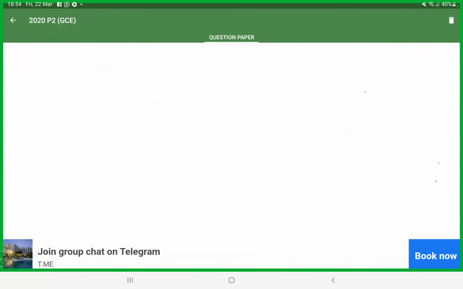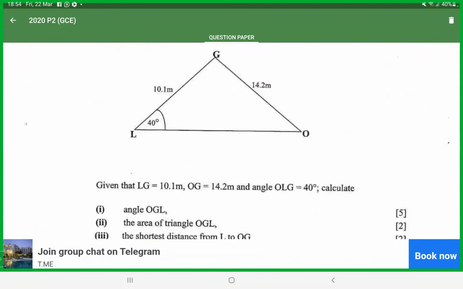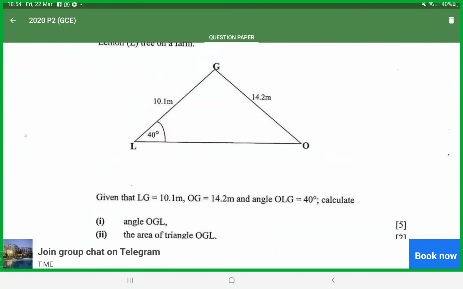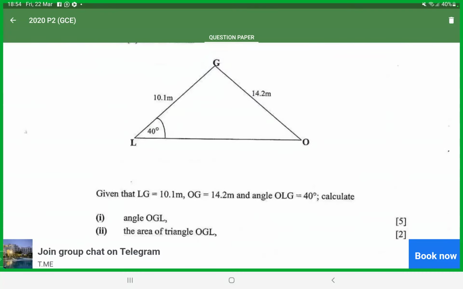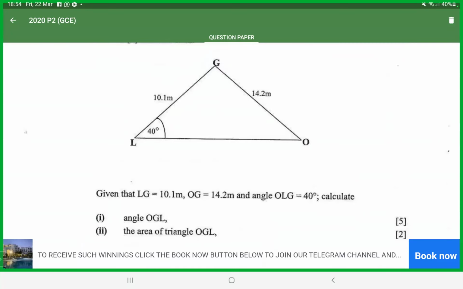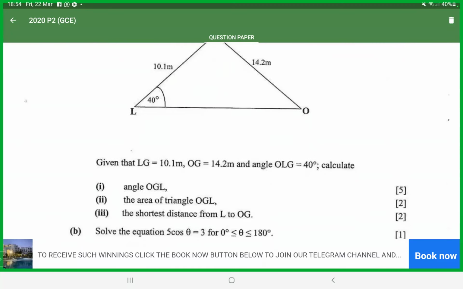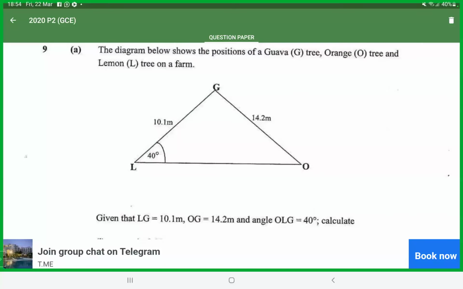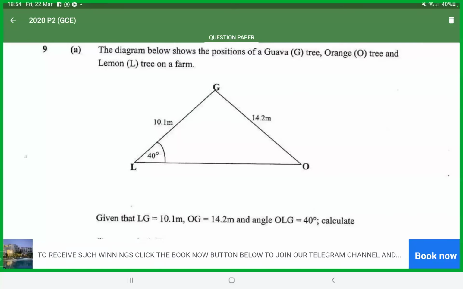Find the shortest distance from where to where? From L to OG. This is where you should understand properly, because the one they have said, OG, shall be your base. You get the point of your triangle.